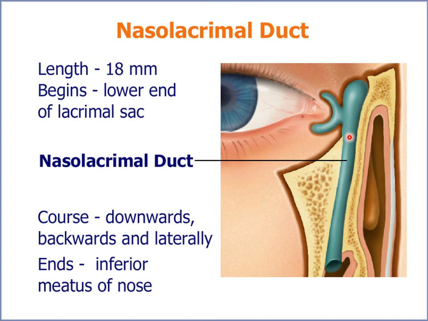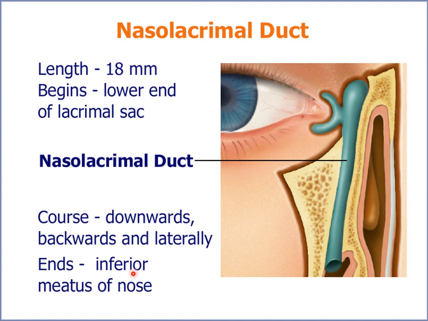That is the beginning of the nasolacrimal duct. Then it narrows and below it expands again. The lower end of the nasolacrimal duct opens into the inferior meatus of the nose.